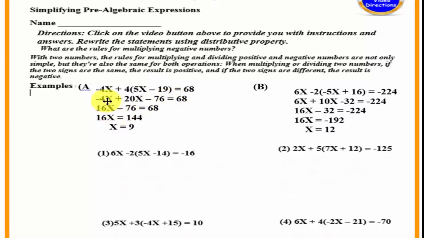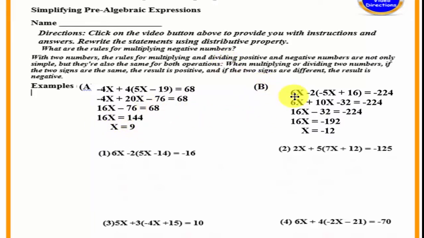Negative 4x plus 20x is going to be 16x minus 76 equals 68. 16x equals 144, because we add 76 to this side and we add 76 to that side, and now we divide by 16, so x equals 9.